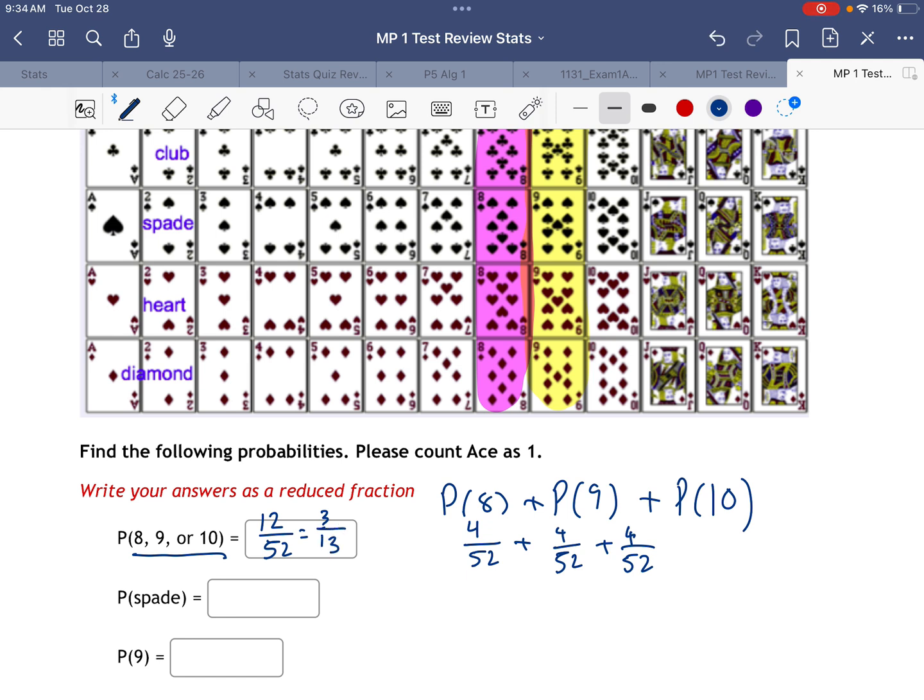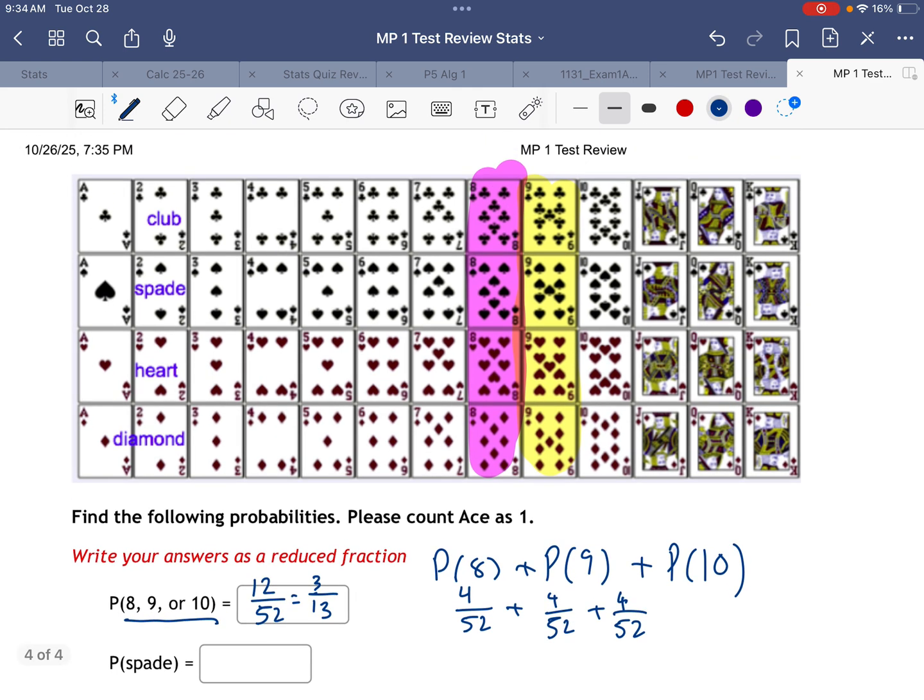And I can show you with the highlighting. There are 4 for the probability of 8 out of the possible 52 cards, 4 for the 9. And then for the 10s here, another 4 out of 52.